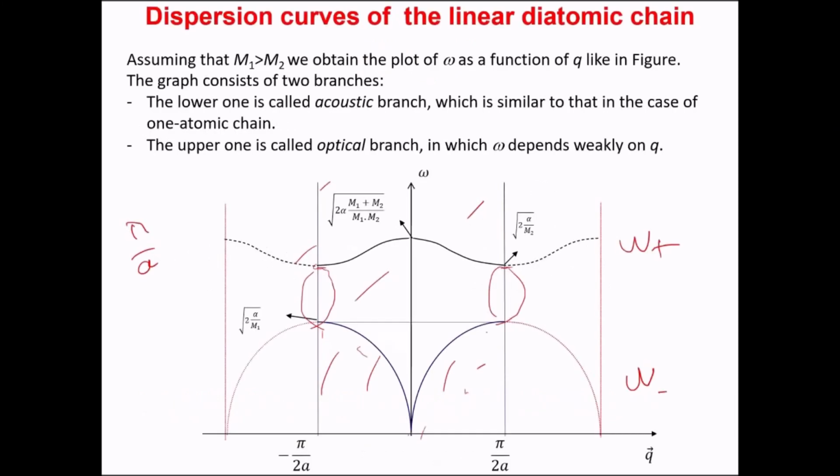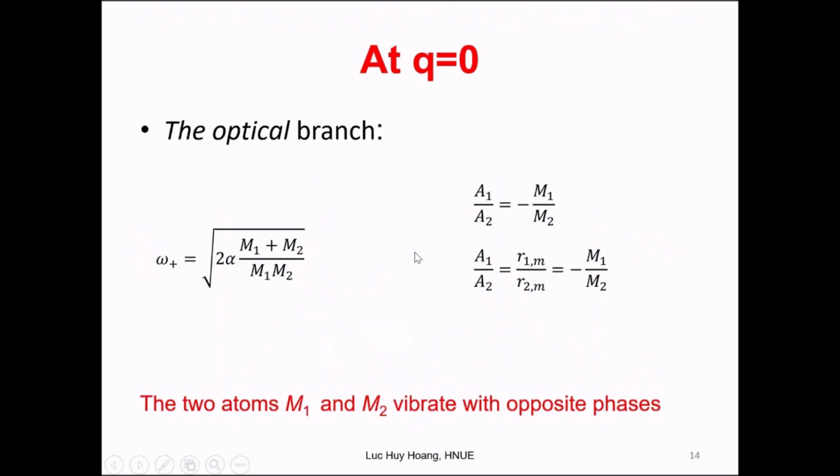Okay. So why do people call it an optical branch and an acoustic branch? For the optical branch, at Q equals 0, we have the maximum frequency omega plus.